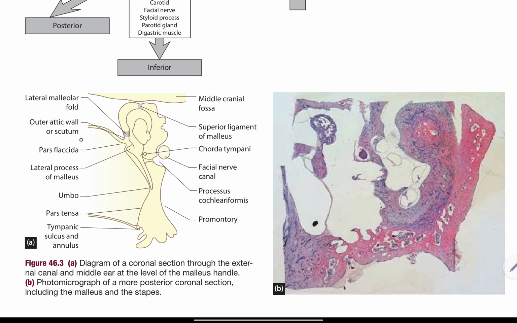Outer attic wall or scutum. Pars flaccida, lateral process of malleus. Umbo, pars tensa, tympanic sulcus and annulus. Promontory, processus cochleariformis. Facial nerve, chorda tympani, superior ligament of malleus, and middle cranial fossa.